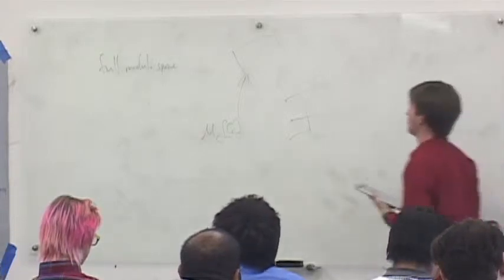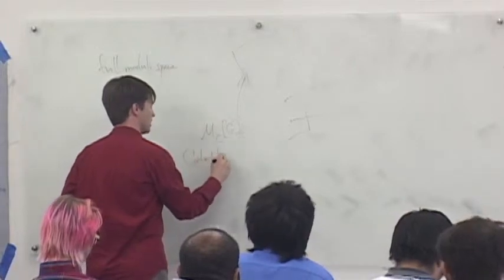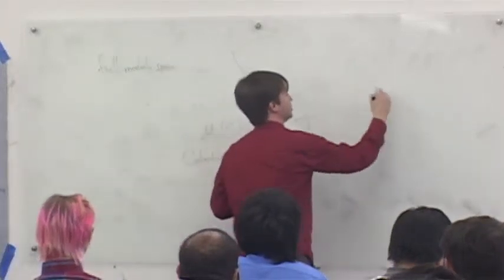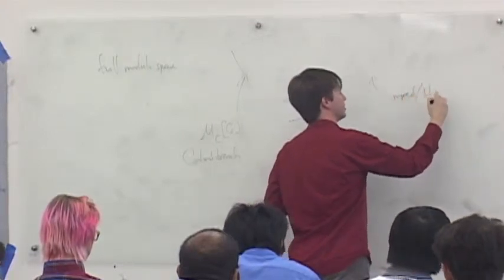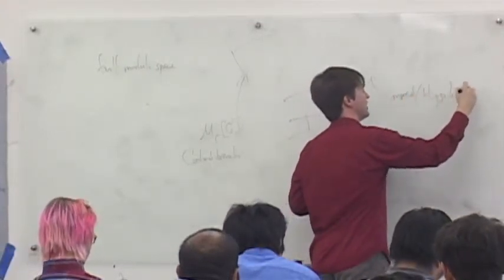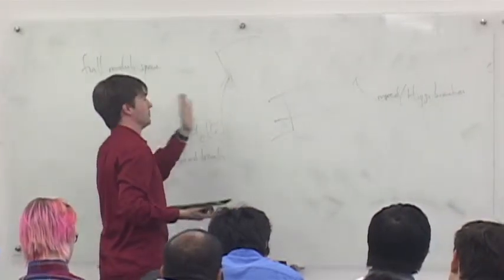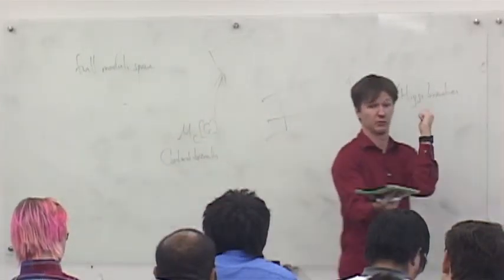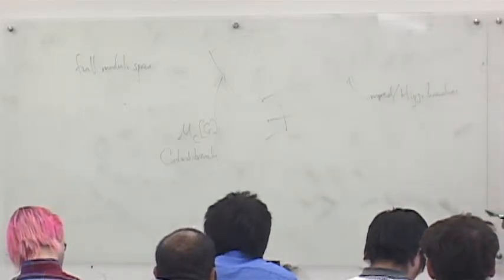This MC of G is usually called the Coulomb branch, and these other branches are called mixed branches or Higgs branches. For me, that'll just be terminology, but this feature, that the moduli space has multiple branches of vacua, is going to be very important in Tudor's talks.